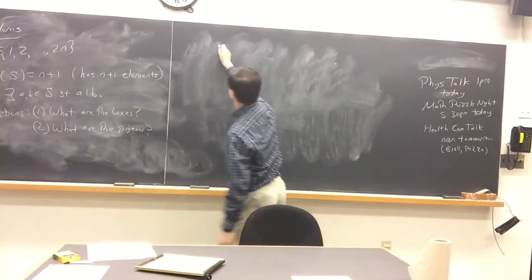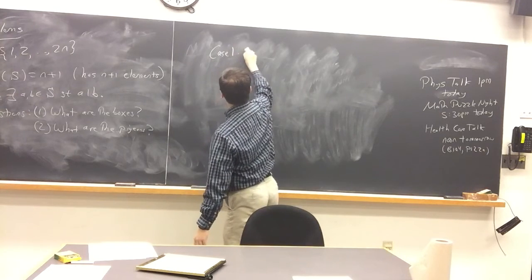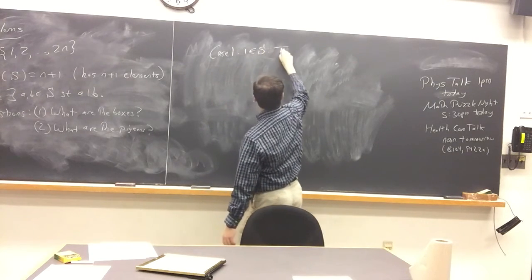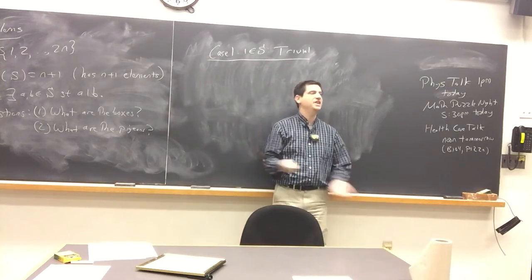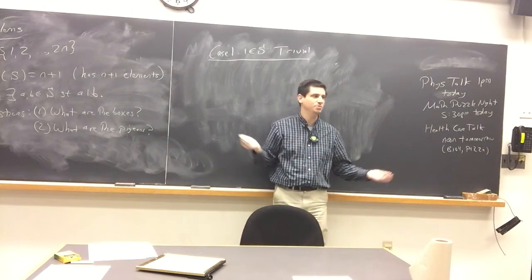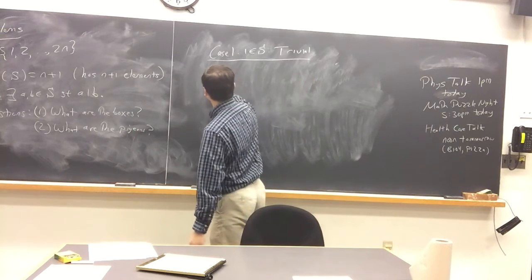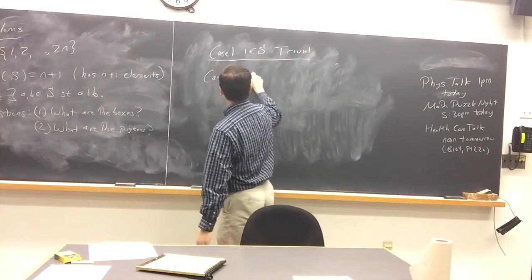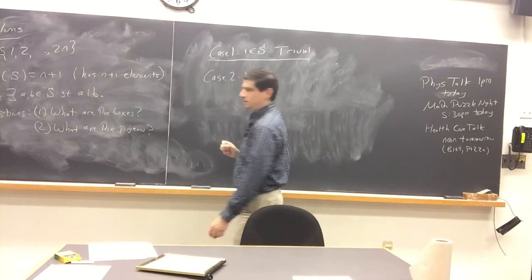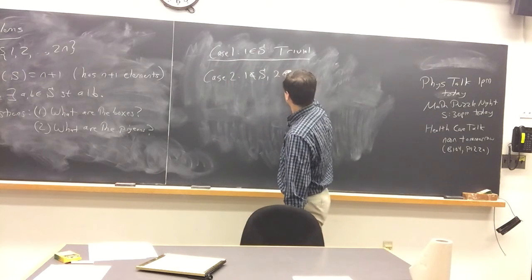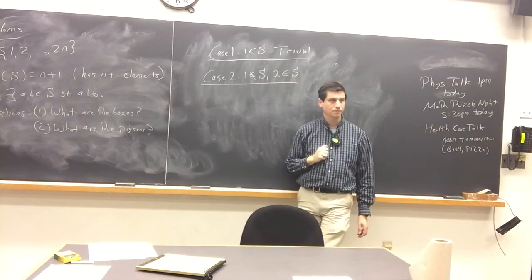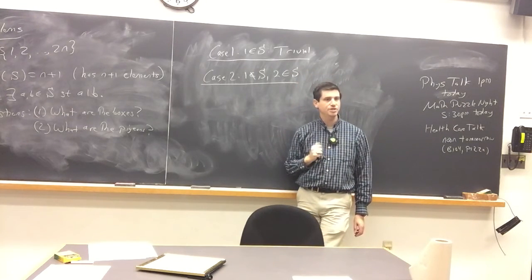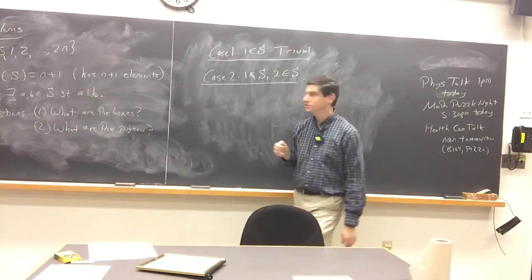Okay, so case analysis. Case 1, 1 is in S, trivial. Because if 1 is in S, then any other number is going to be divisible by that. Take 1 to be A. So case 2, 1 is not in S, and maybe 2 is in S. Now that 2 is in S, what must be true? All the other ones have to be odd.